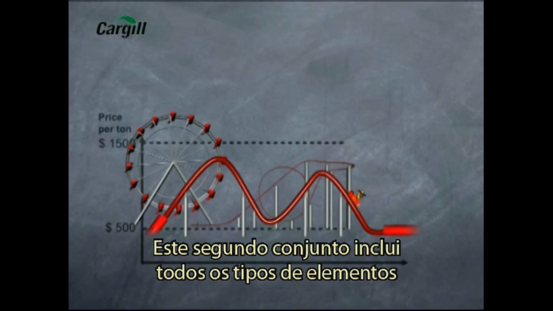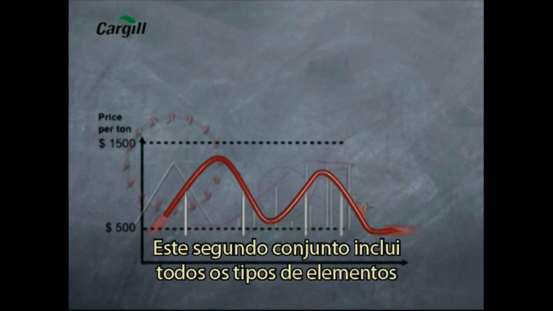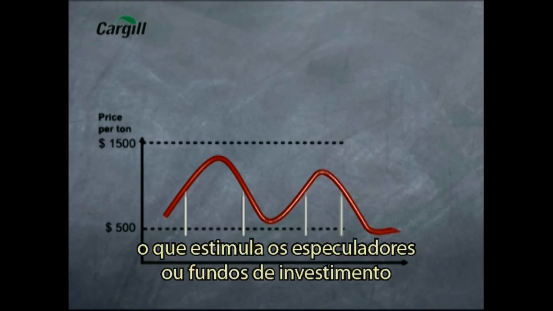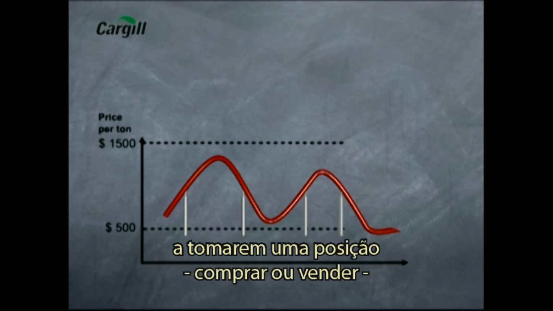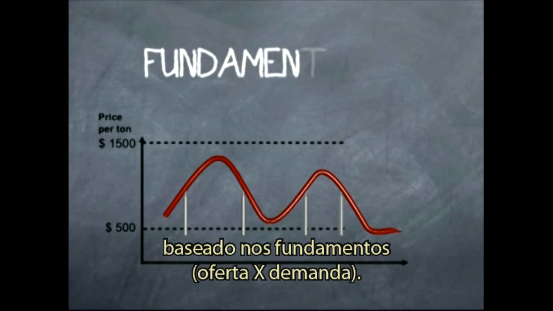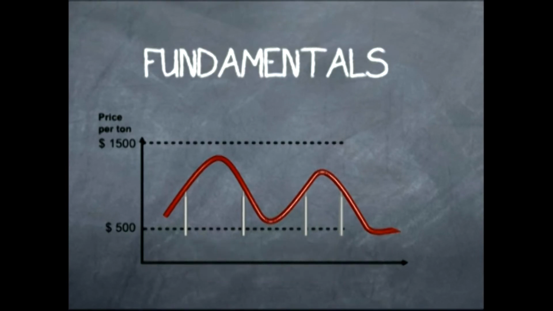This second set includes all kinds of elements, such as, for example, inflation fears or a movement in other commodities, which prompt speculators and investment funds to take positions, buying or selling, in cocoa markets. In the long run, however, cocoa markets always find price equilibrium based on cocoa fundamentals. As a result, fundamentals are very important to understand.